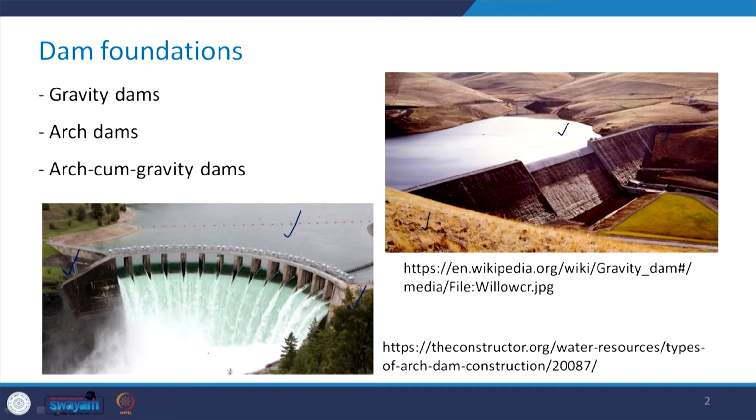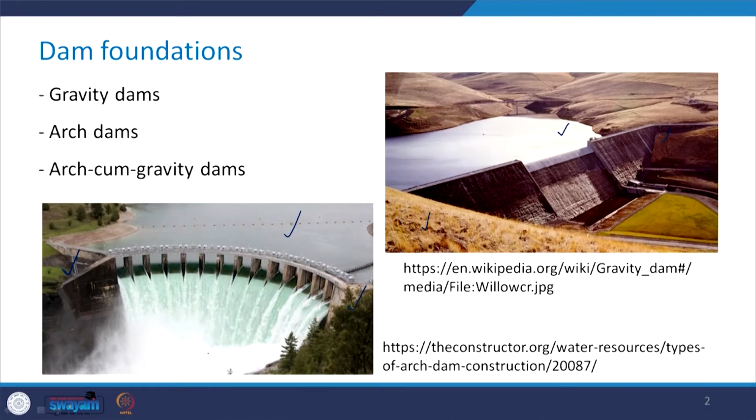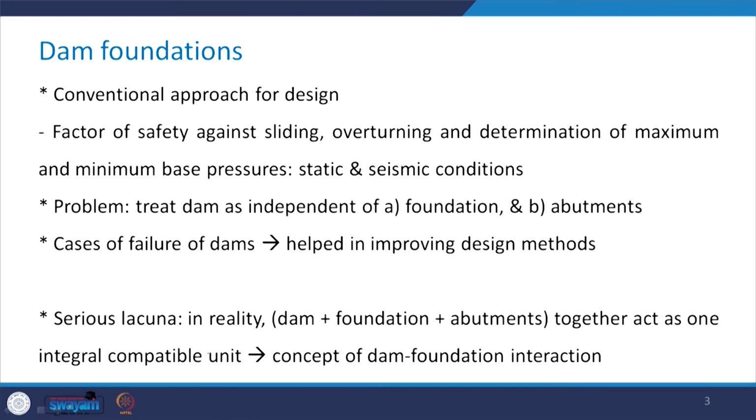Obviously, the foundation of the dam is in contact with the rock plus the abutments. So, these abutments are also an integral part of the dam foundations. Here we can have different types of dams. It can be gravity dams, arch dams, or arch cum gravity dams.